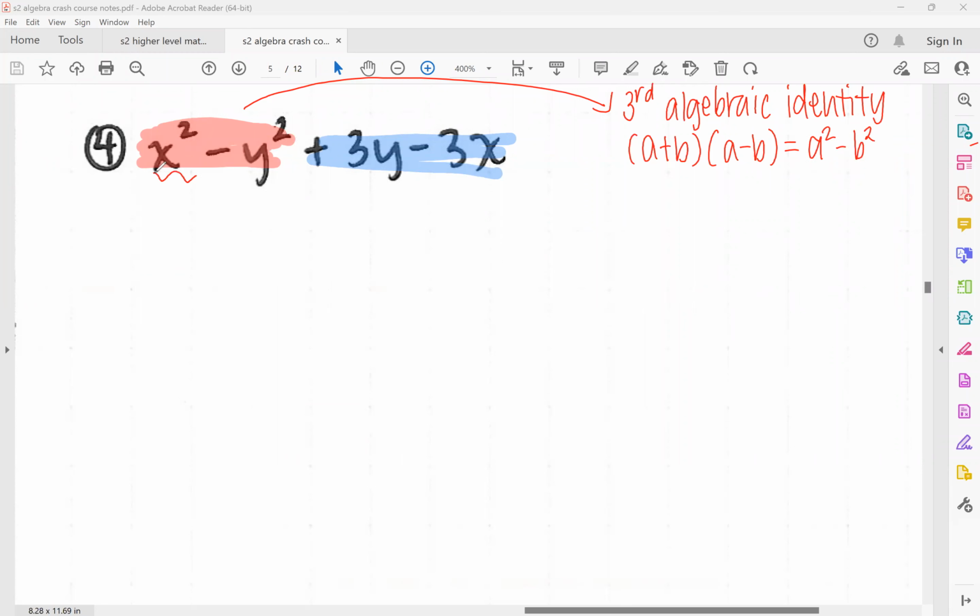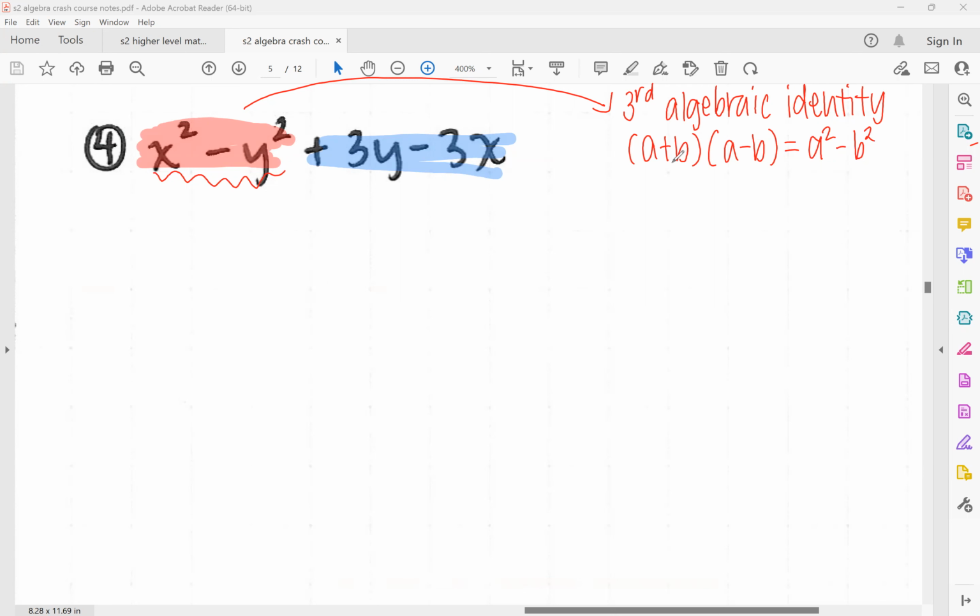So this x square minus y square looks like the one on the left-hand side or the right-hand side, Eclesiastes?